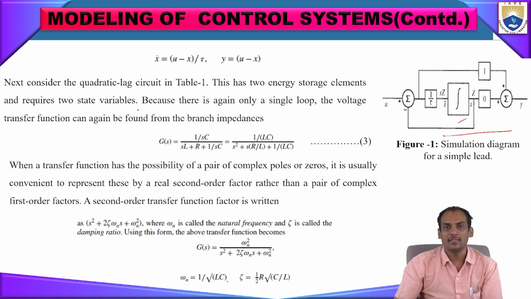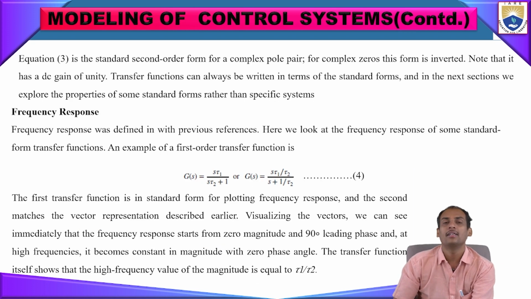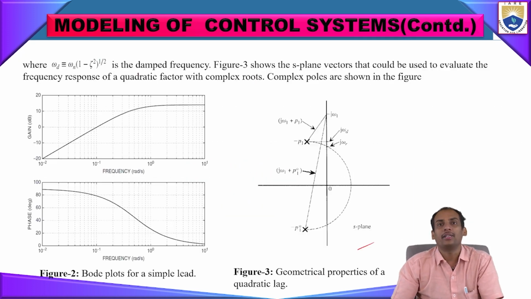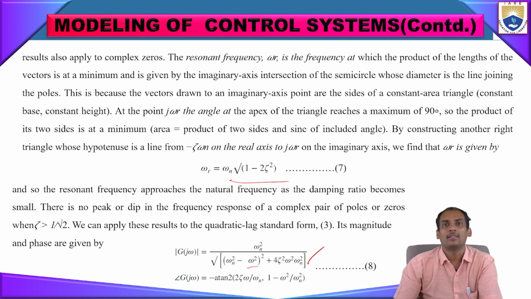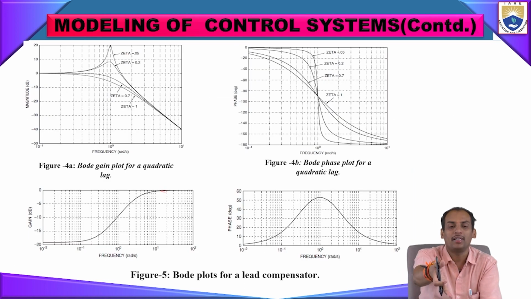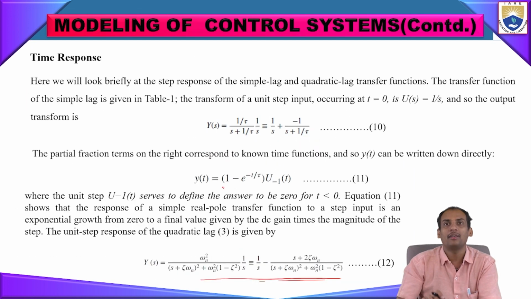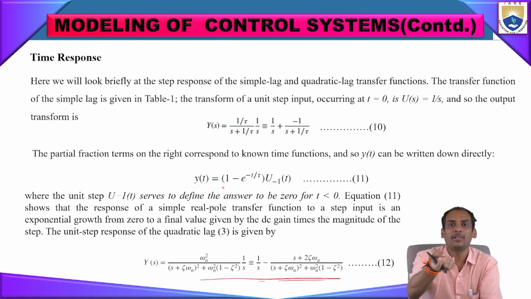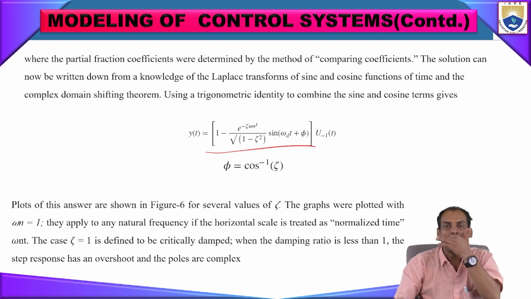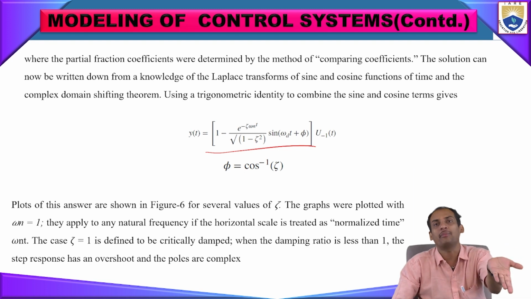For the frequency response, we convert into frequency values, and we will get it in terms of damping ratio only. And the time response we will make with respect to a time equation, and convert it into a partial fraction equation. From that partial fraction equation, we will get a separate function in terms of time only.